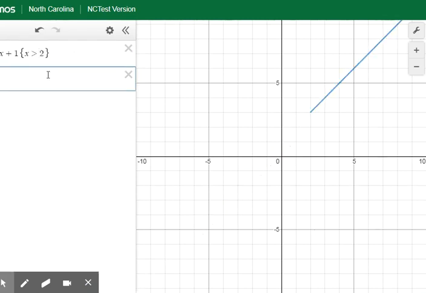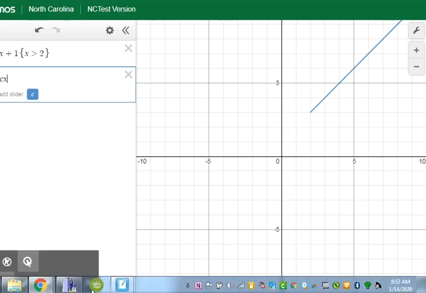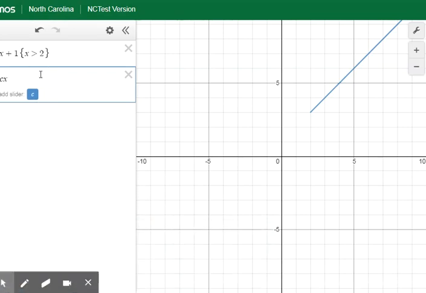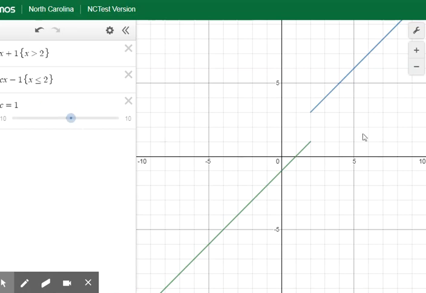And guess what you can do? You can type in that c into that function, cx minus 1, when x is less than or equal to 2. And notice down here it says add slider c. You want to do that because it'll start at a default of 1. So you can see these two functions are obviously not continuous. They're not meeting up at the correct y value.